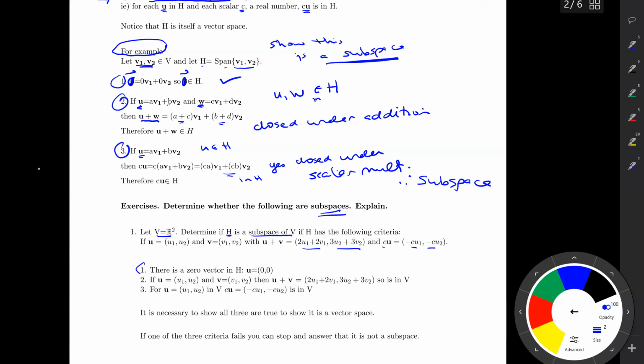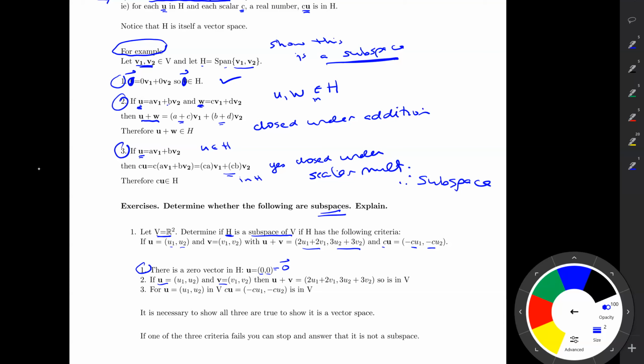Okay, first, is there a zero vector? Yes, because I can put 0 and 0 in there. So there is a zero vector, because I'm allowed to let u1 and u2 be equal to 0. Is it closed under addition? Taking two things that are already in my vector space, in my H, my subspace, if I add them together, do I stay in the vector space?